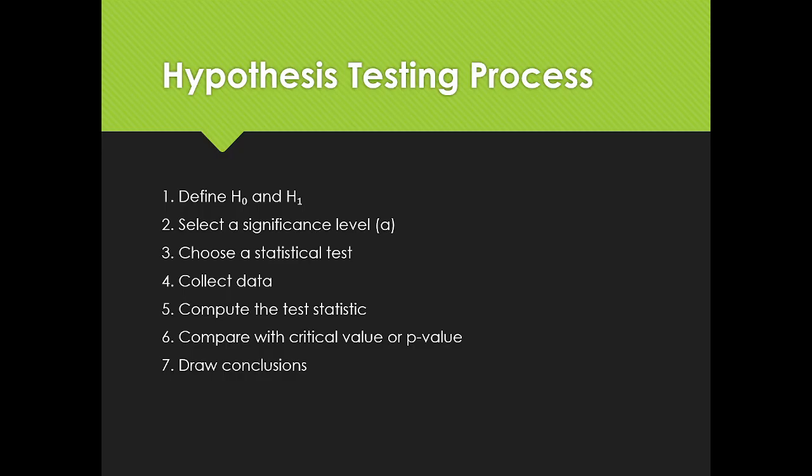And we know that when our p-value is less than 0.05, we accept our alternate hypothesis. But if it is higher, we reject it and we accept our null hypothesis. Then you draw your conclusion.